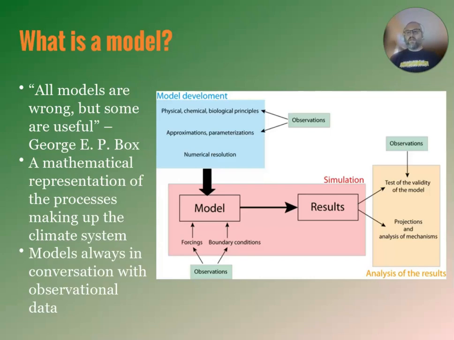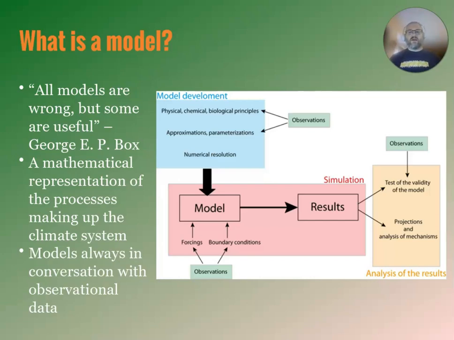And if we represent them mathematically, so we don't just say that, for example, when air gets warmer, it can hold more moisture, but we actually put in the numbers for exactly how much more moisture the air is holding for each degree that it gets warmer, right? We put actual numbers to it so that we can say how much is actually happening in these processes. Then we can more accurately represent everything that is going on in the climate system.